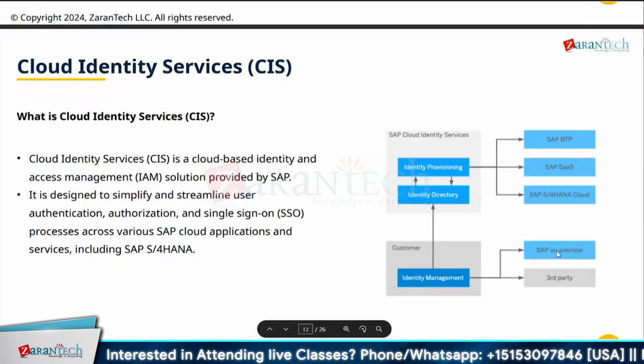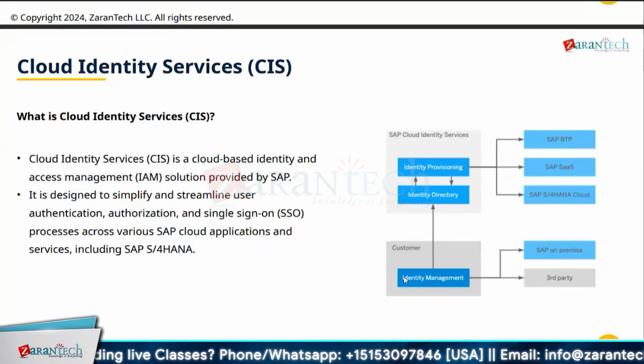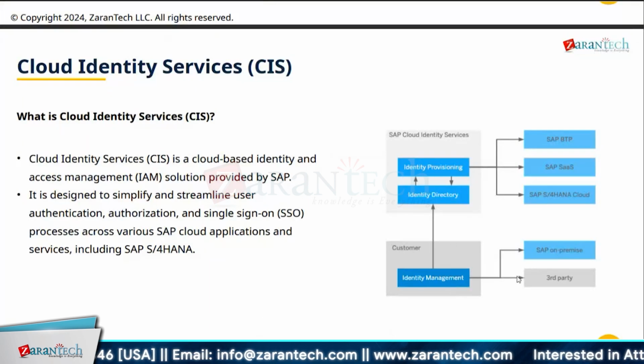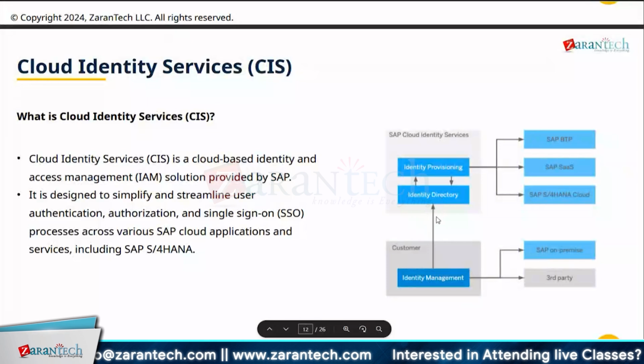And then if you still have your on-premise systems or third-party systems, IPS won't be able to directly provision to them. But for it you can still make sure that your IDM is connected to your identity directory or your IAS here, and then further it connects, and whatever is being provisioned via IDM to your SAP on-premise or to the third-party on-premise systems is also communicated to IPS, that okay, this is being done.